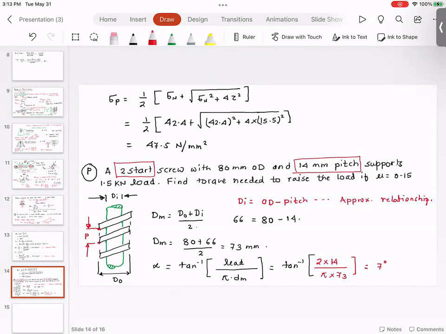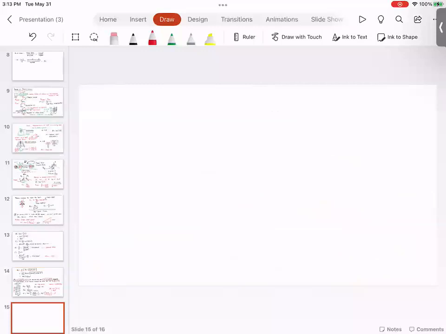The coefficient of friction is 0.15. So phi is equal to tan inverse of 0.15, and you get 8.5 degrees. So the torque is W dm by 2 tan of alpha plus phi.